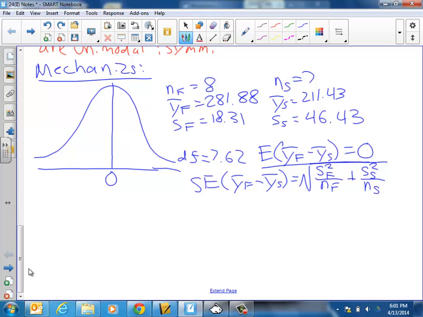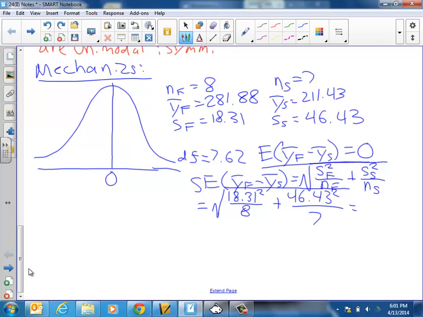All right, so we've already got all of these standard deviations and the sample sizes. Doing some plug and chug here, I'll write it out under the radical so you're seeing what's going on: 18.31 squared over the sample size for the friends of 8, plus 46.43 squared, the sample standard deviation from strangers squared, over the sample size of 7.